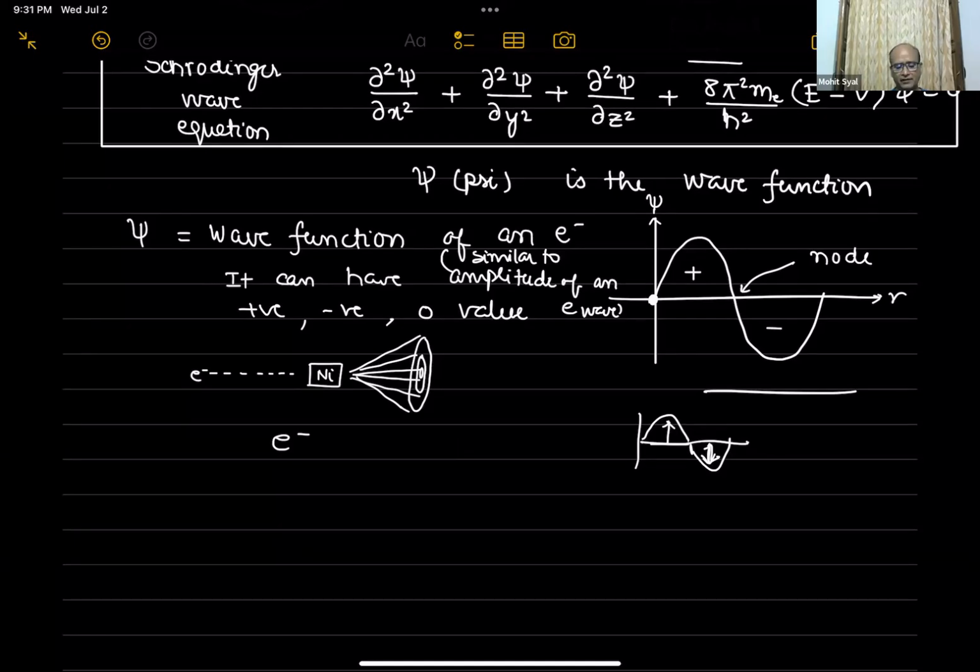So this is a wave function, and basically it tells us where the wave is, what the amplitude is, at how much distance. So what is the value of wave function very far from the nucleus?